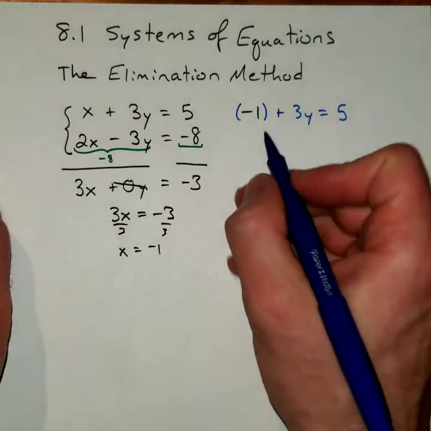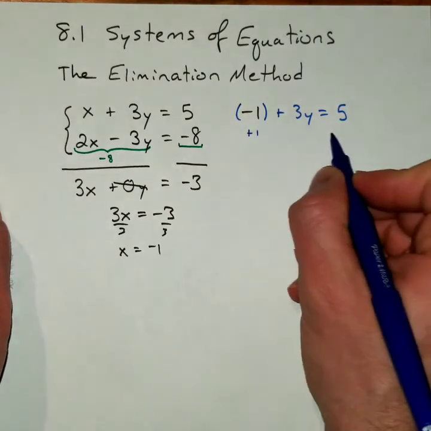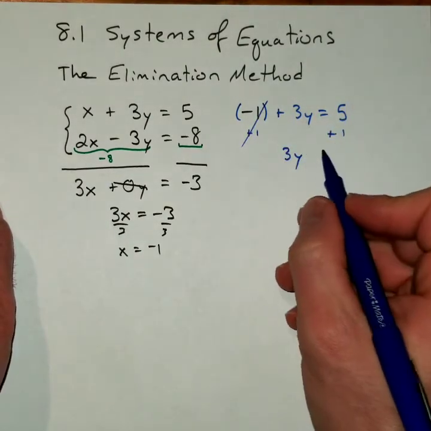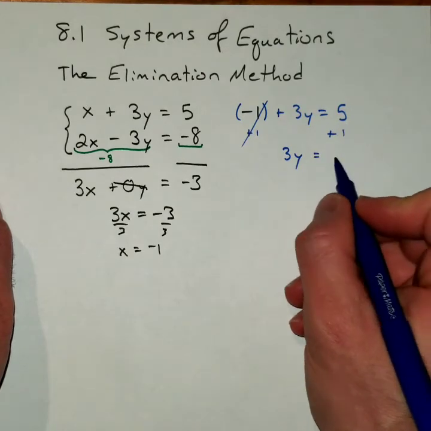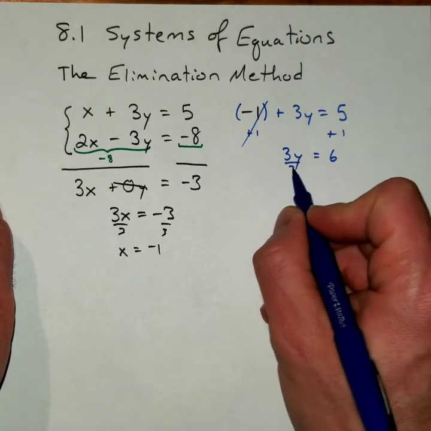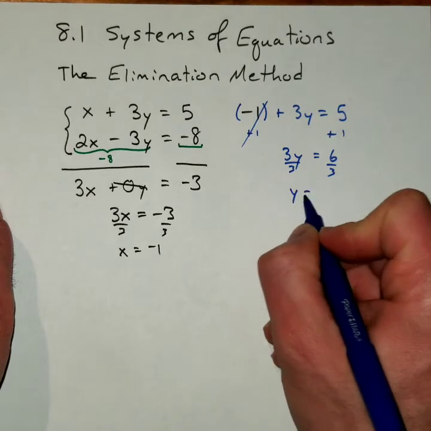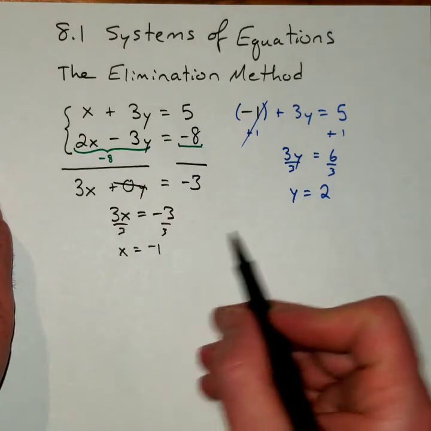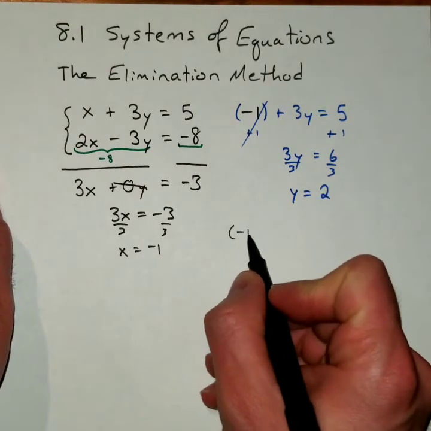We're going to solve this equation, of course, just add a 1 to both sides. These will drop out. 3y will equal, what's that, 6? Divide by 3, and you'll be left with a 2. And so the final answer must be the ordered pair -1, 2.